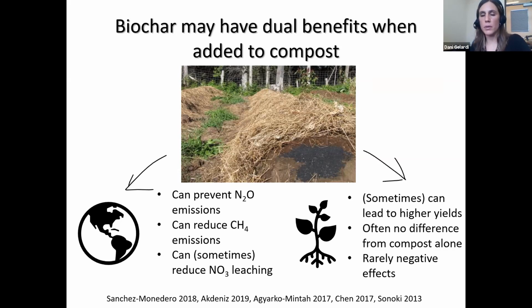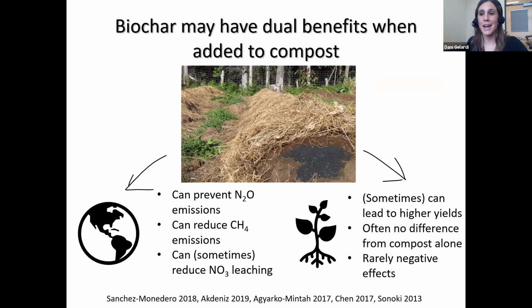The other benefit that people are really interested in is whether or not it can lead to improved yields. There are some studies that show that it can. Mostly what I've seen out there shows that there is no difference from compost alone. So again, it's one of these sort of complicated results because there's not any negative impact, and that's a positive.